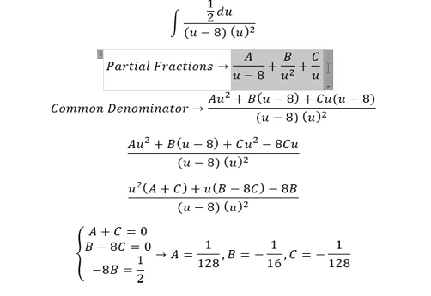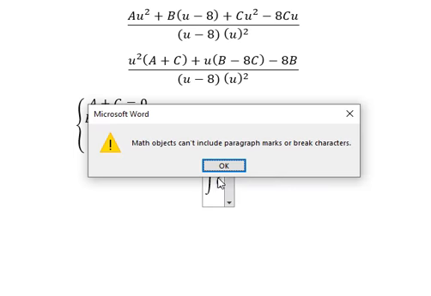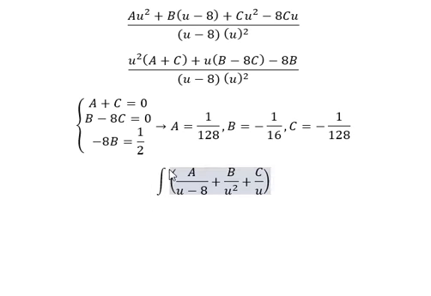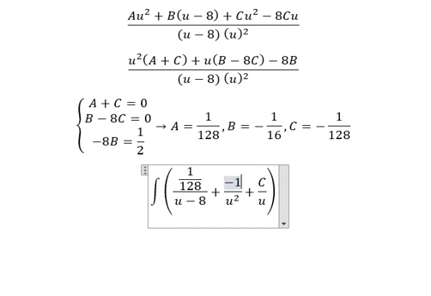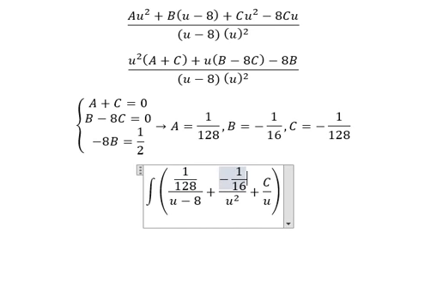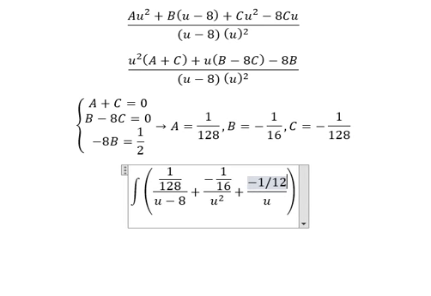So we put ABC in here. So A that's about 1 over 128. B that's about negative 1 over 16. C that's about negative 1 over 128.